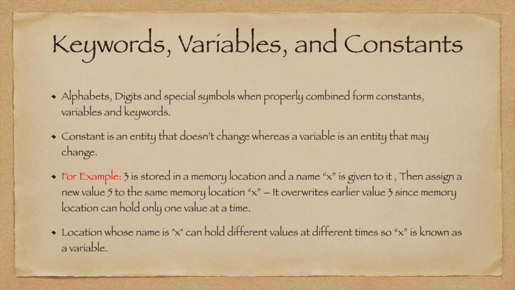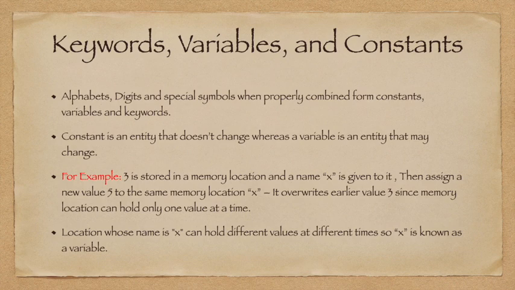Now let us understand the concept of a constant and a variable. Constants are entities whose values never change, whereas a variable's value can change. For example, let us consider a glass.